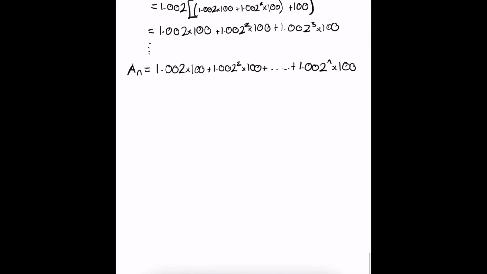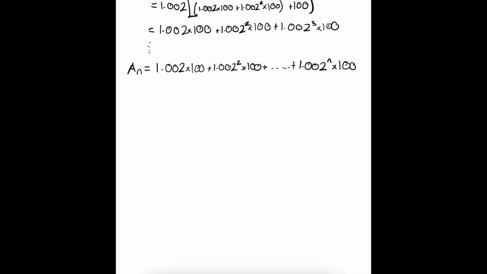Part C then says, using GP formulae, show that AN equals all of this. So using GP formulae, show that AN equals that expression they showed up above. What we realize is that this is a GP. To make it simpler, I'm going to factor a 100 out of our AN.